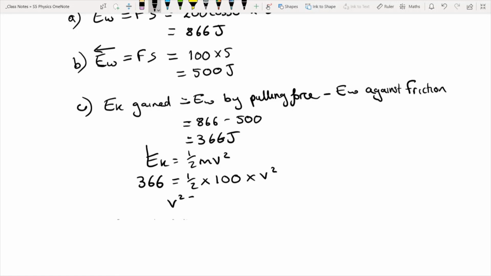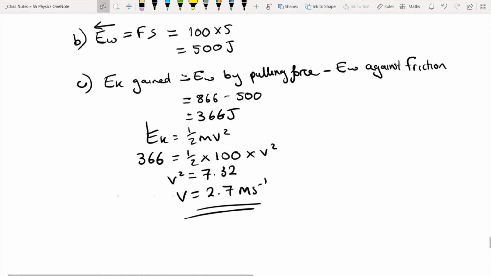So you end up with the speed squared being 7.32 and the speed comes to 2.7 meters per second. Okay, so a lot of repetition of National 5 stuff there, but just expanding a little bit on it.